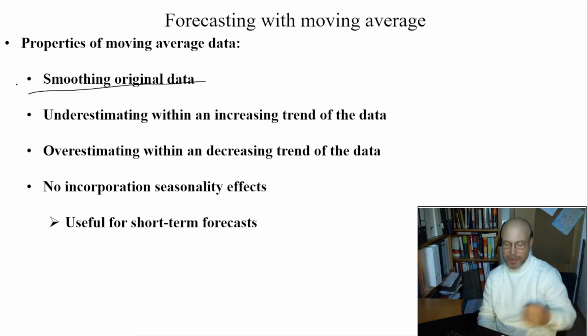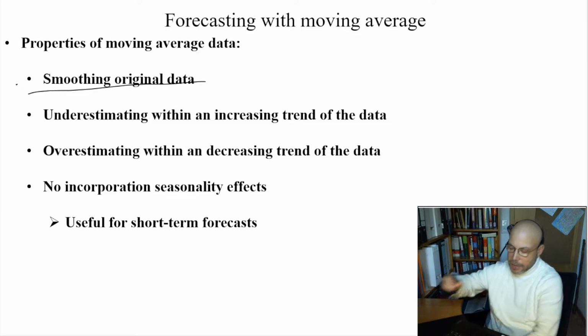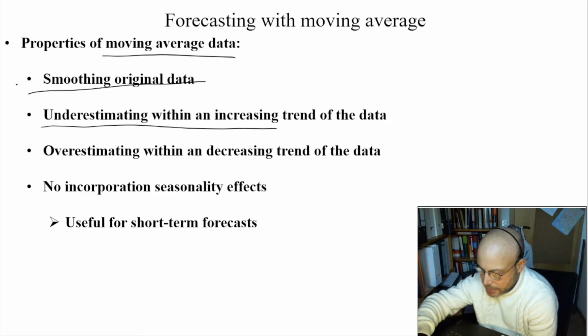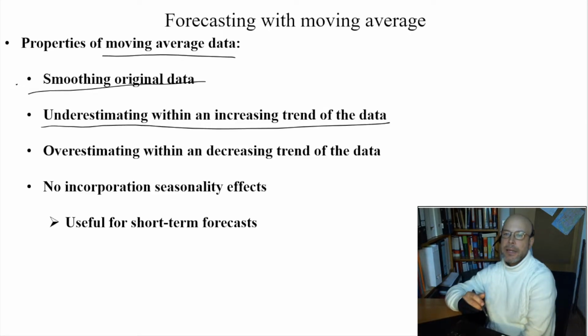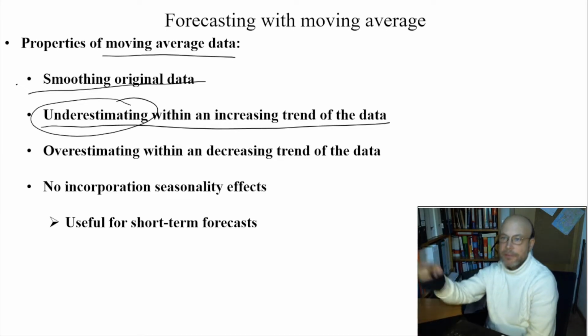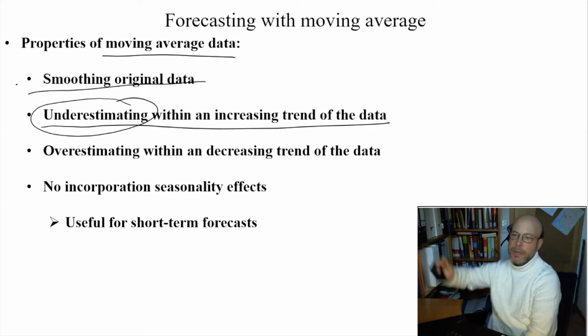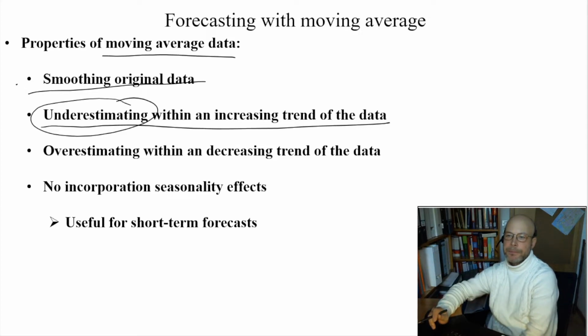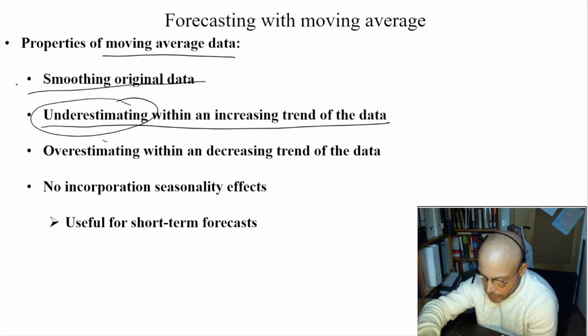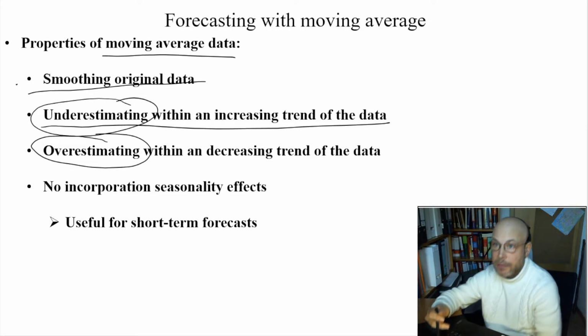So we have to keep in mind, if we look at our data and identify this increasing trend, that using the method of moving average would in general underestimate our data. And of course, the other way around, if we had a decreasing trend, we would have an overestimation of our data.